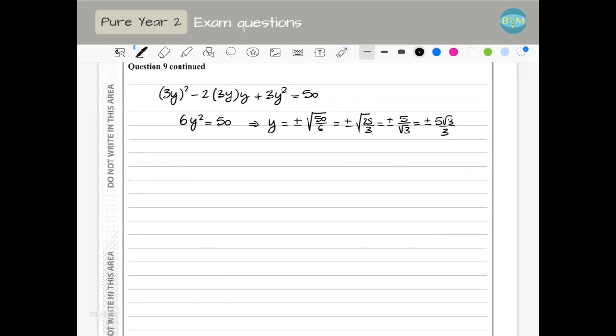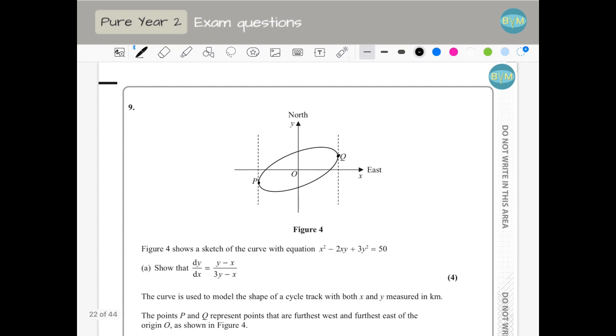So if y is the negative one, because it's P, x is going to be 3 times that, 3 times y, which means it is minus 5 root 3. So my point P is minus 5 root 3, minus 5 root 3 divided by 3. And that's what we need to find, the coordinates of P.